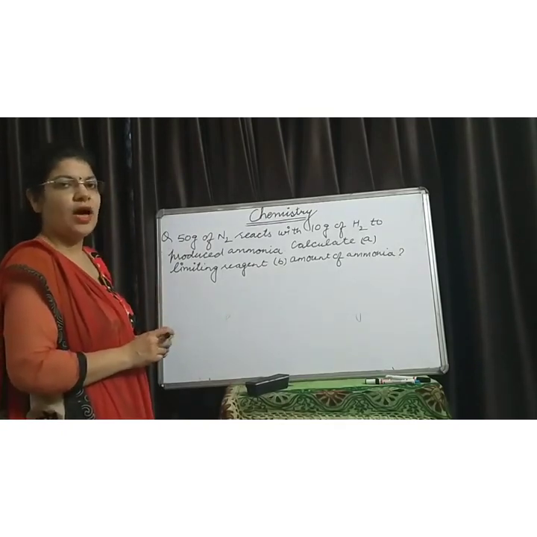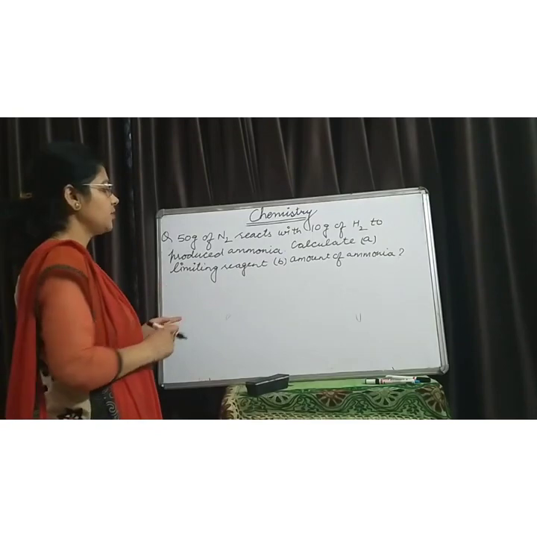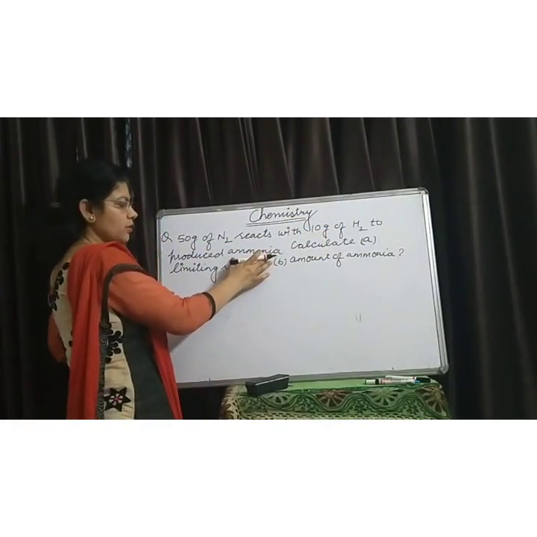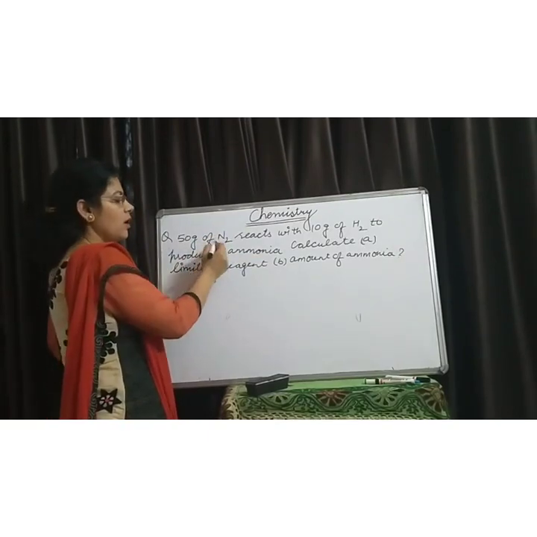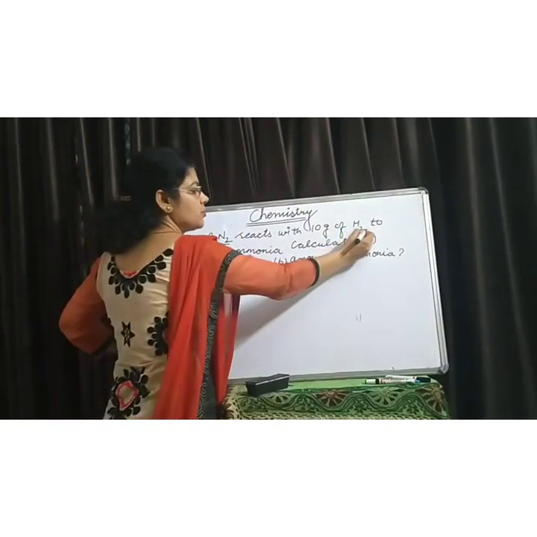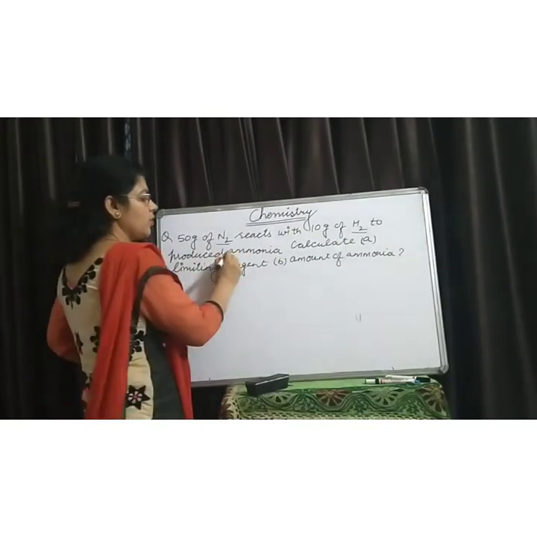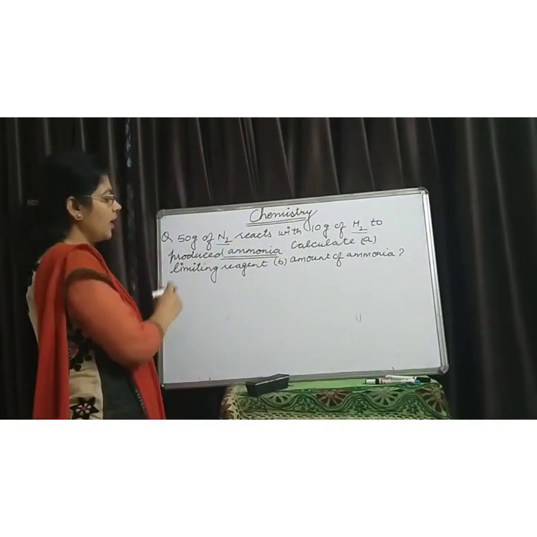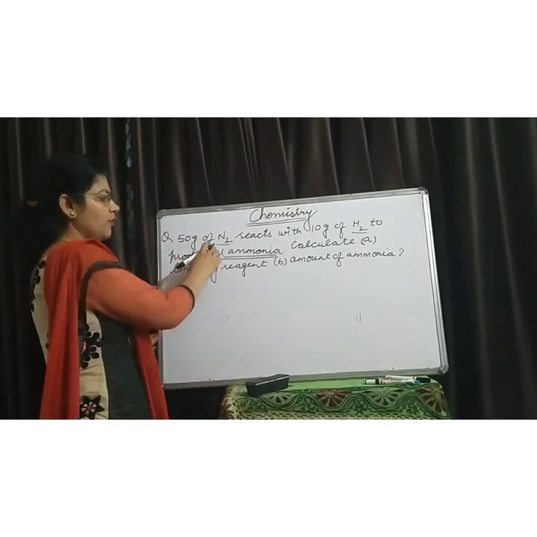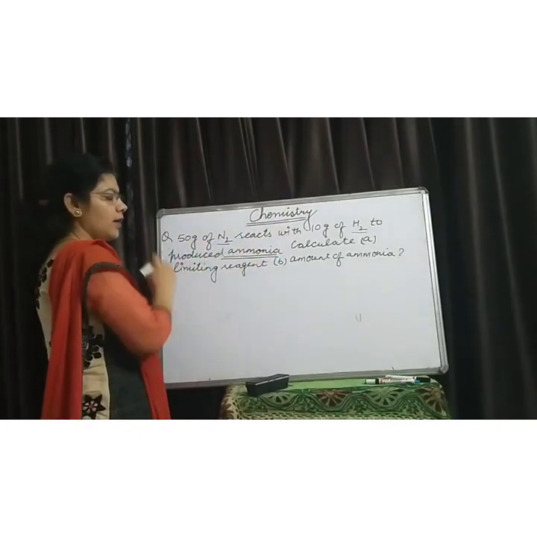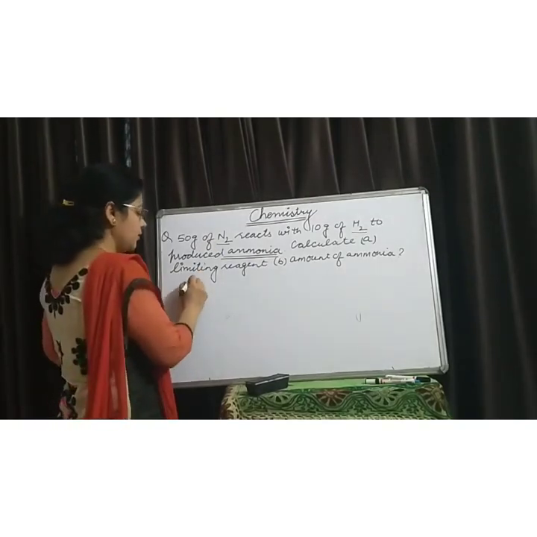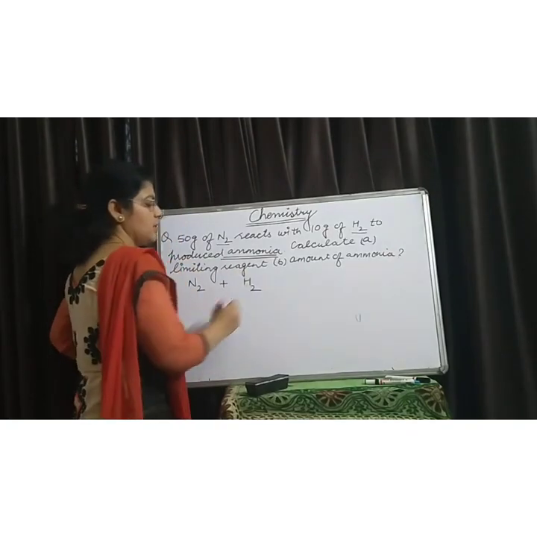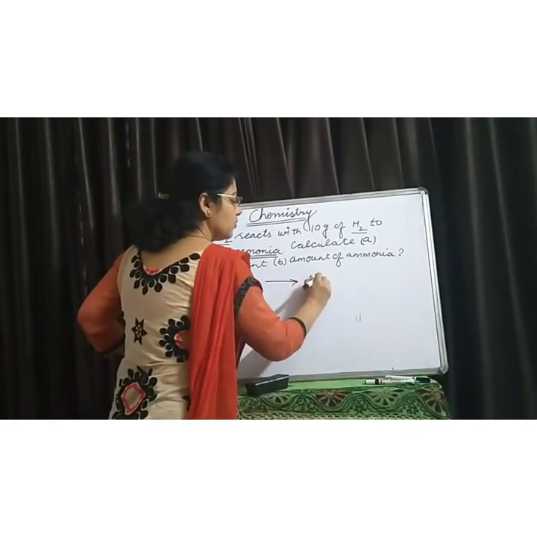First of all, we have to write the balanced chemical reaction between nitrogen, hydrogen and ammonia. Nitrogen and hydrogen are the reactants and ammonia is the product.